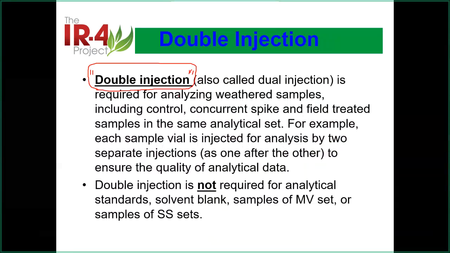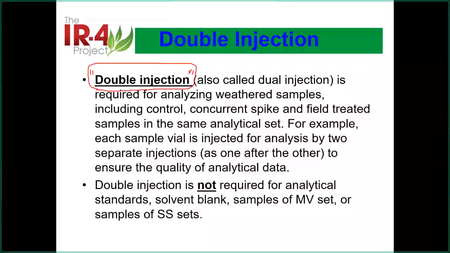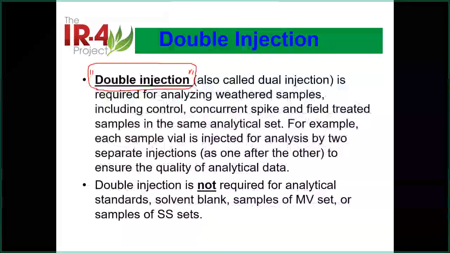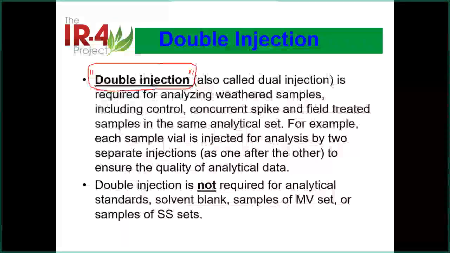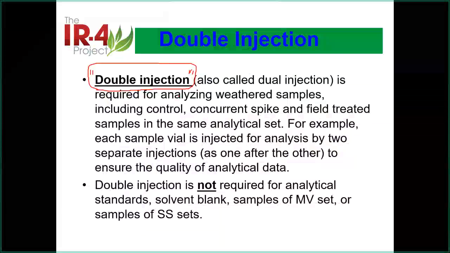Double injection is good because sometimes you may have an issue with the instrument. Sometimes it's the sample, sometimes it's the instrument. In my career over the past 20 years, with double injection I had problems probably 2 or 3 times. Not so many. Versus what you do, 1,000 or maybe 5,000 injections, you have 2 or 3 times something wrong with the instrument. That means one injection is good, the other one is not good.